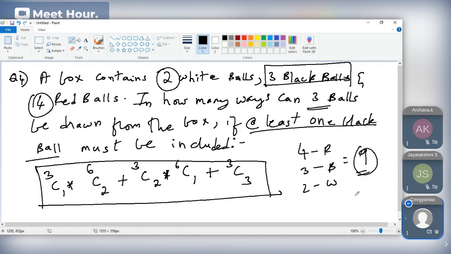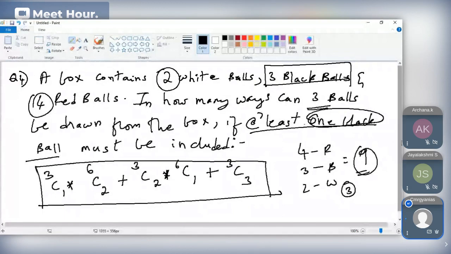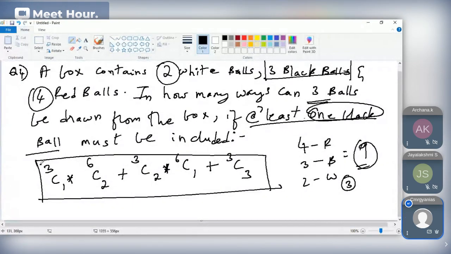In this I should take out only three balls, and condition is at least one must be black. So out of three balls, one black ball compulsory I'm taking, and remaining, black I don't want because only one black I have taken.